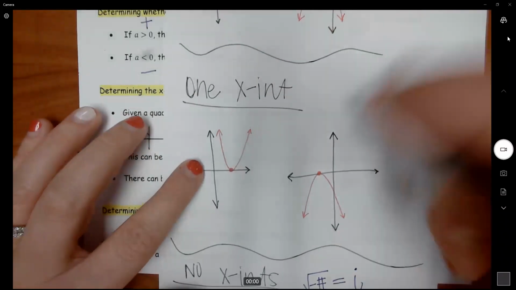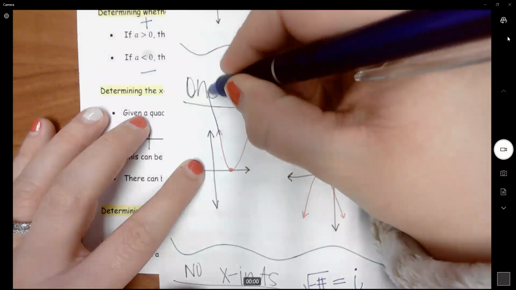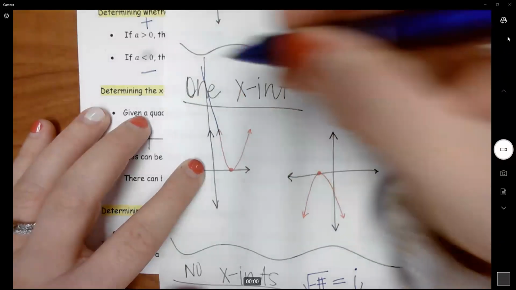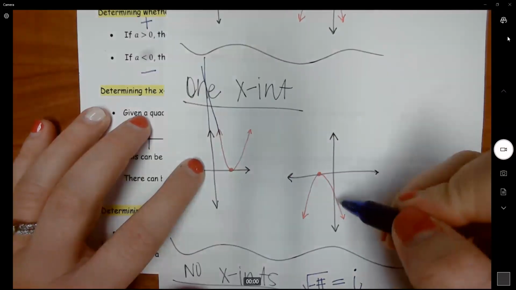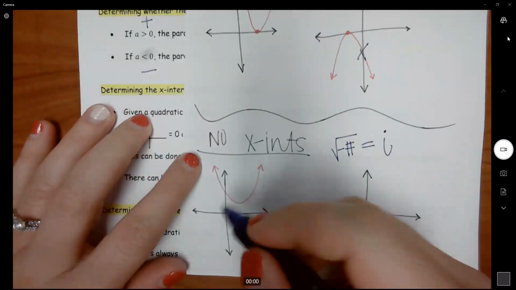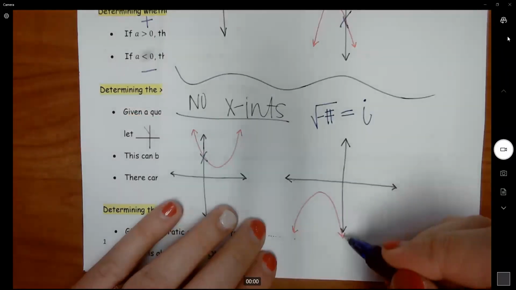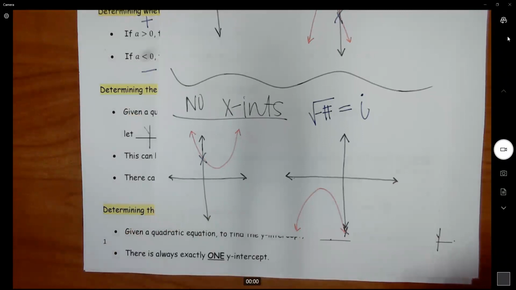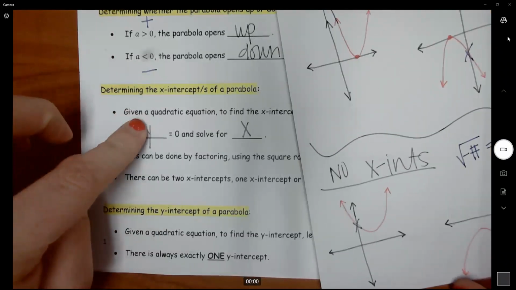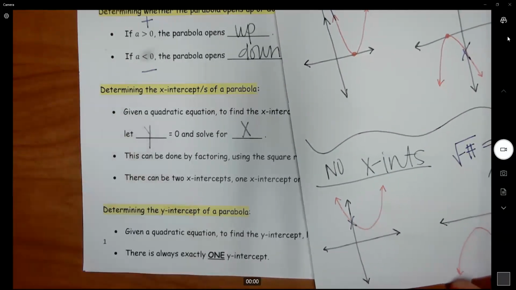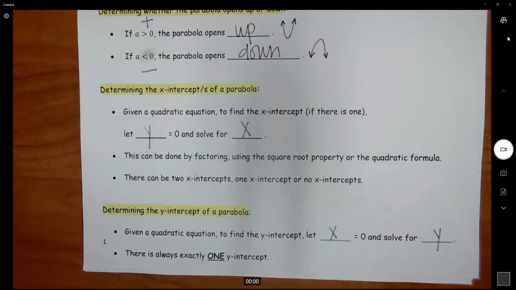Here, it's not looking like that, but this is eventually going to go up and out, and then it's going to cross. Here, you've got 1, you've got 1, and you've got 1 y-intercept. You will always have 1. The x can change between 2, 1, and none, but this one is constant.